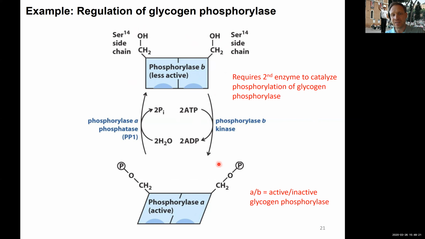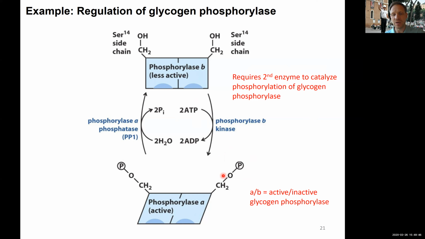Now your kinase comes in, and yes, it's a kinase, like we had seen in many of our other reactions, but it's not converting a metabolite, it's converting a protein, but it's a kinase because it's catalyzing a phosphorylation using ATP as a donor of the phosphoryl group. So this takes ATP to do it. And we're phosphorylating the hydroxy groups of these serine side groups.